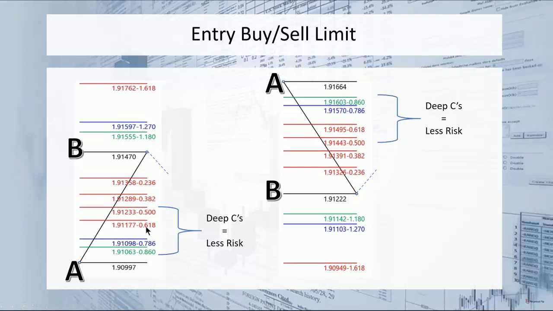Most traders will feel a bit more confident if the market is able to reach one of the deep C levels. But not all traders have the time to sit around waiting for the market to touch one of these price points. So instead, in the case of an uptrend, they may decide that they're okay with putting an entry buy at any one of these limits. They'll say, this AB boundary just formed, the market should retrace, but I don't have time to sit around waiting for this.